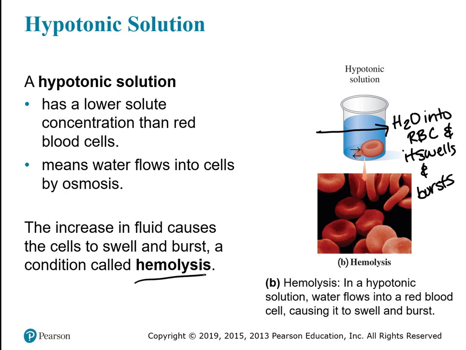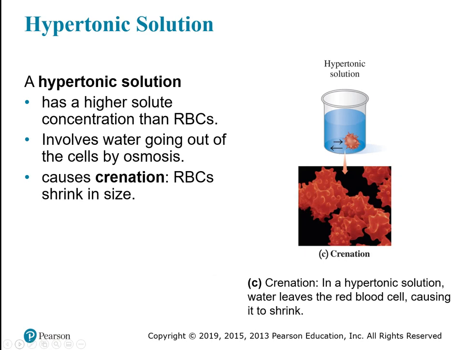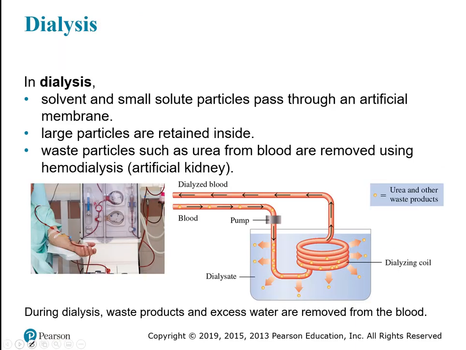And that's hemolysis. Hypertonic, you're going to have more water coming out of the red blood cell. Causes it to shrink, and that's called crenation. Also very bad.